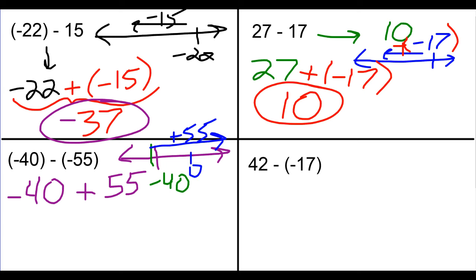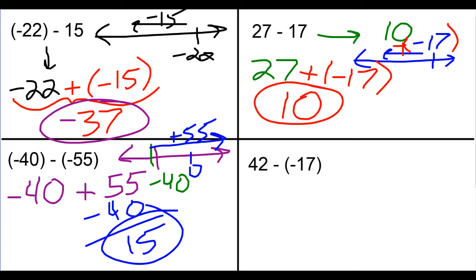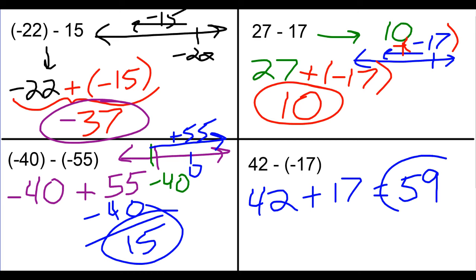So we're going to cancel out some of that distance from 0. 55 minus 40 is 15, and we end up on the positive side because we take more steps towards the positive than we did towards the negative, to end up with positive 15. And again, if we add the opposite, this becomes 42 plus a positive 17, which is just 59. Very familiar addition problem there.